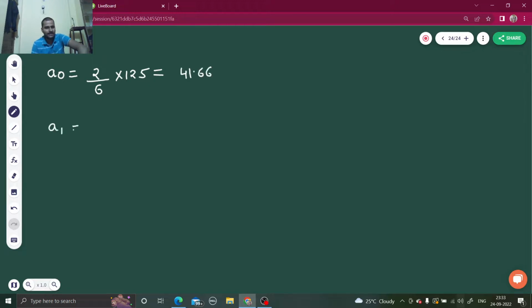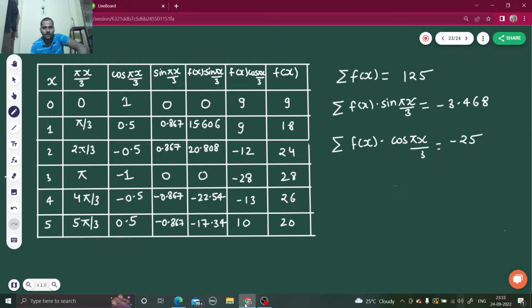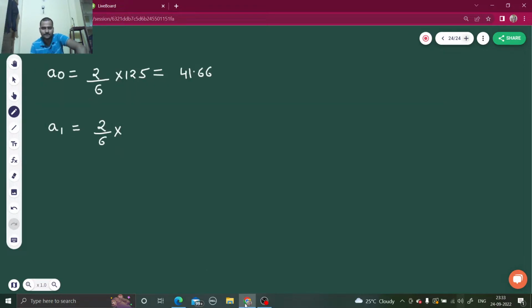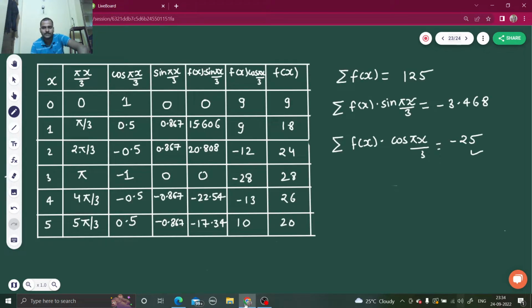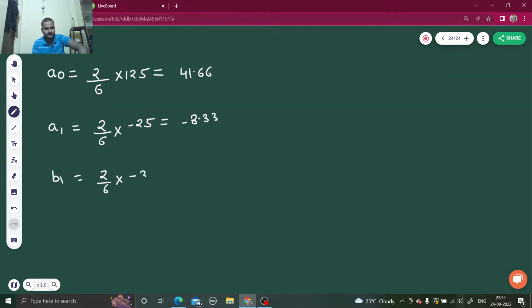Then I have a1, again 2 by n, and you will use that cos sum for a1, which is minus 25. So that is minus 8.33. And then b1, which is 2 by 6 into this value, minus 3.46. So this came out to be minus 1.156.